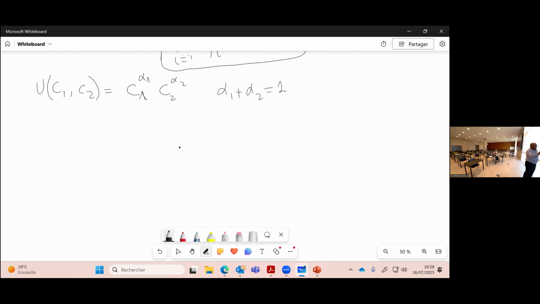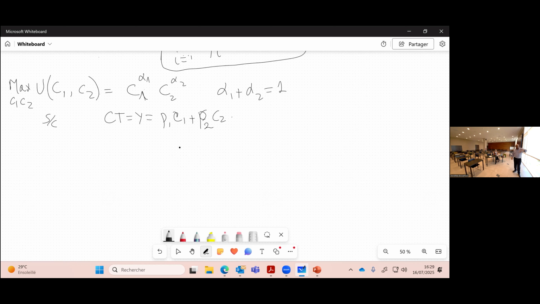And we have to maximize this utility function for C1 and C2 under the budget constraint of the consumer, CT or Y equals P1 C1 plus P2 C2. It's a very simple mathematical exercise.